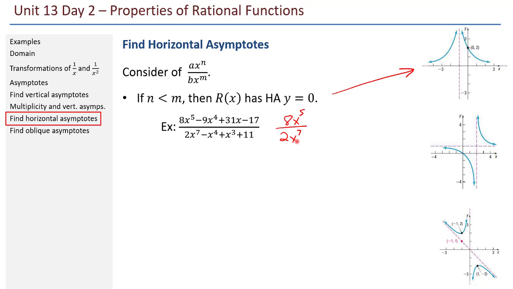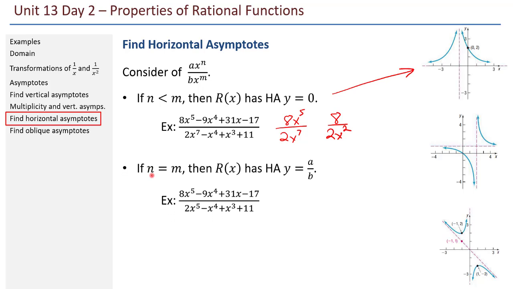And so since the bottom power is bigger, it overpowers the top, and it goes to 0 as x gets really large. You might be able to see this better if I cancel out some x's. So this becomes 8 over 2x squared. So now you can think as x gets really, really big, or really, really low negative, this denominator gets huge. And so the whole fraction goes to 0.